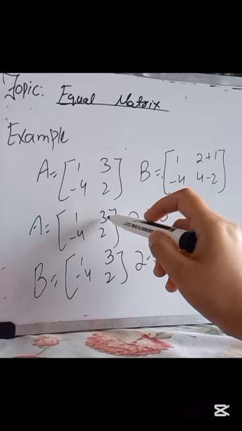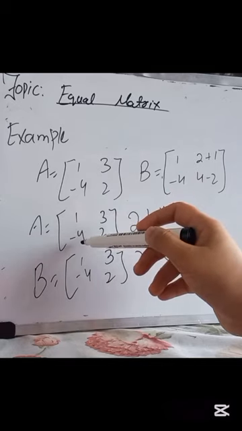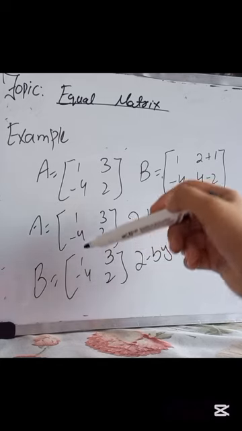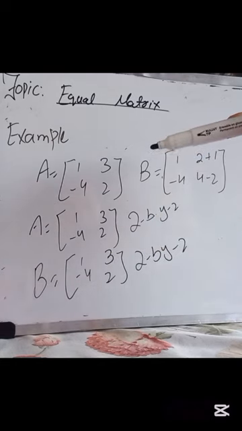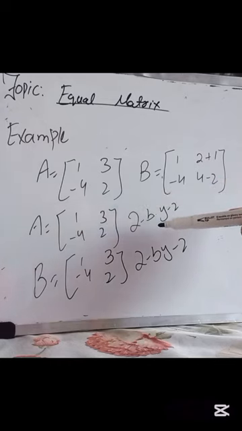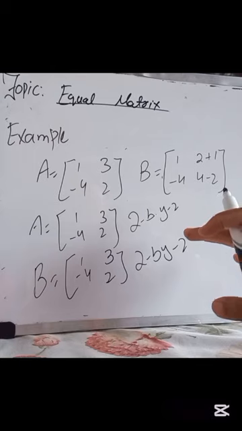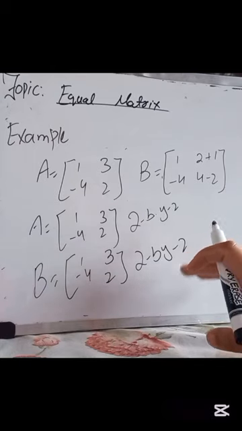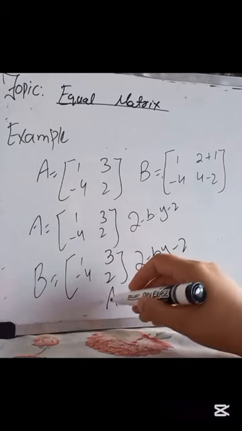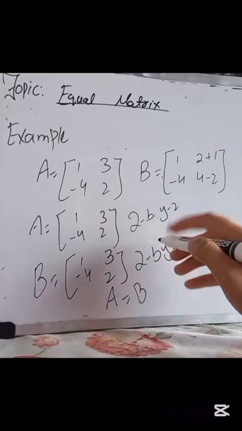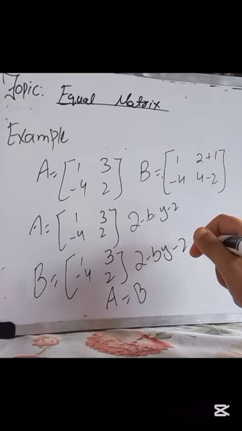Now the next: 3 and 3, minus 4 and minus 4, 2 and 2. It means the corresponding elements are equal. So the first condition and the second condition are satisfied. That's why we can say A is equal to B. Okay, got it?